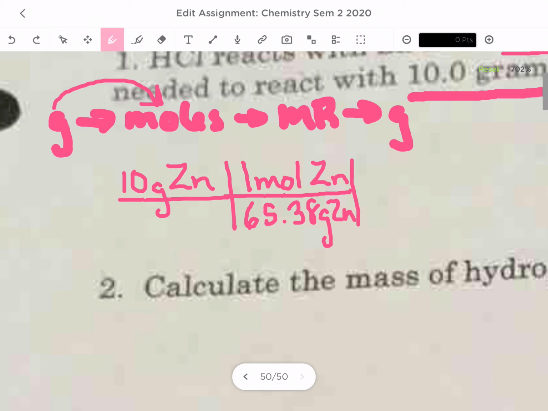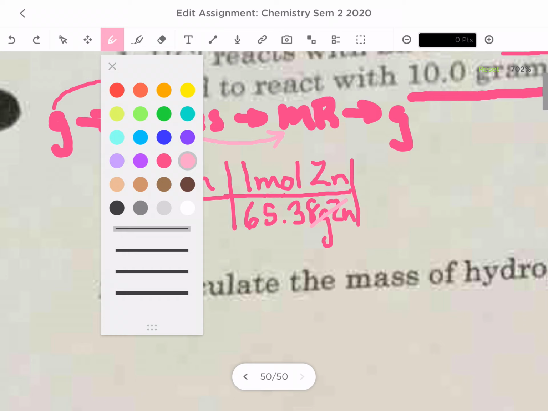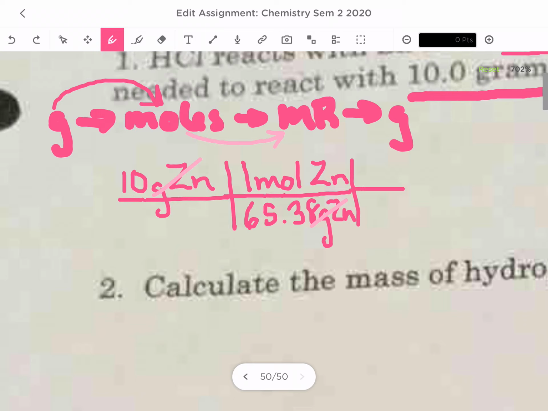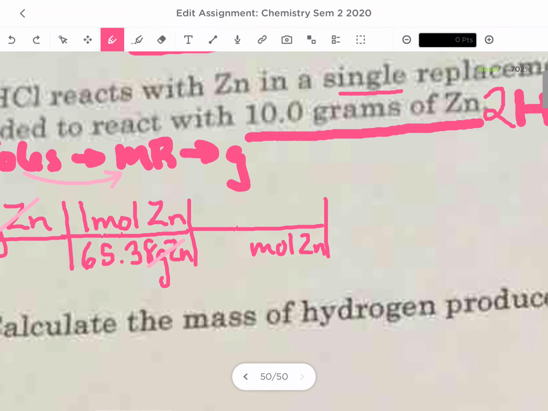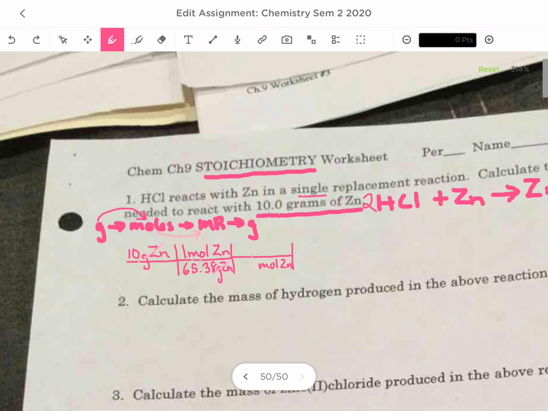So grams of zinc cancels. Now we're in moles of zinc. Once we're in moles, then we can use our mole ratio. So in order to use our mole ratio, moles of zinc have to go on the bottom, and moles of what we're trying to find has to go on top.